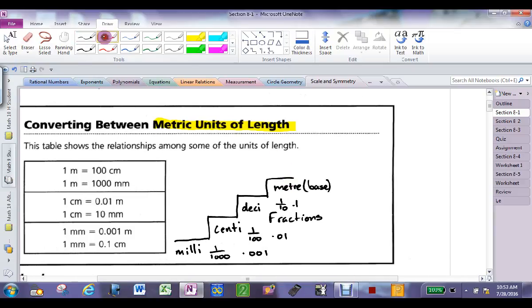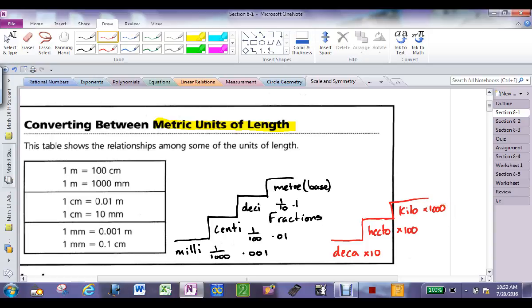Now, obviously, you guys aren't stupid. You know we go above meter. The next thing up from a meter is a decameter, which is not a fraction because it's bigger. After deca is hecto, and after hecto is kilo. And this is times 10 instead of 1/10th, times 100 instead of 1/100th, and times 1,000.